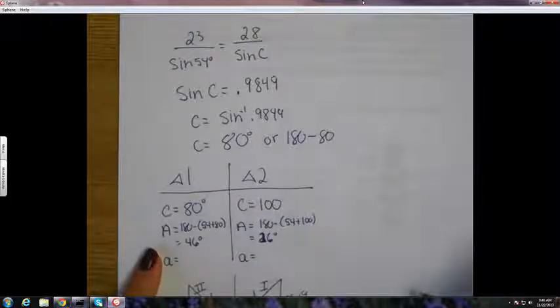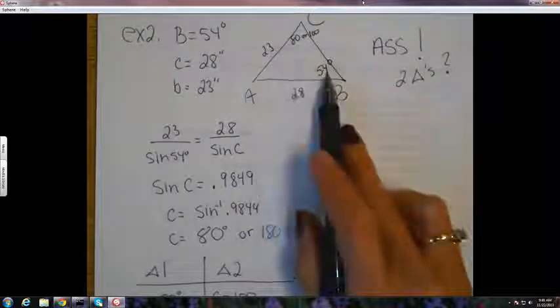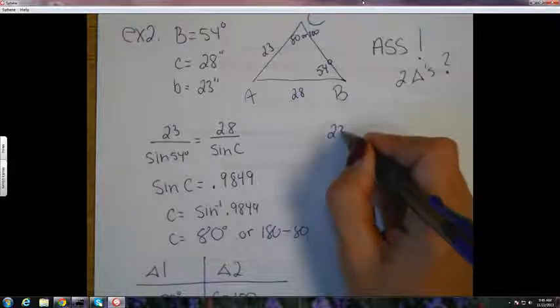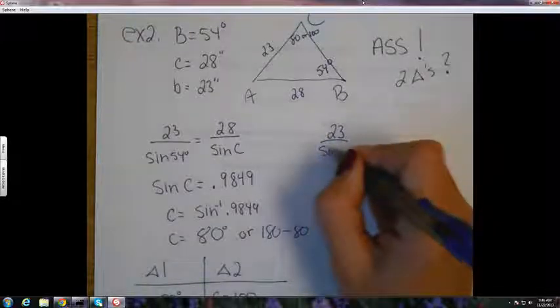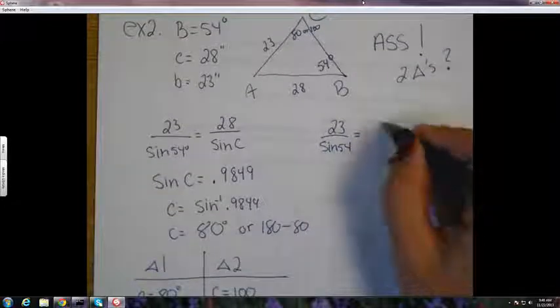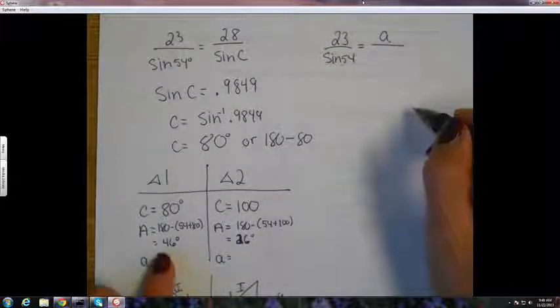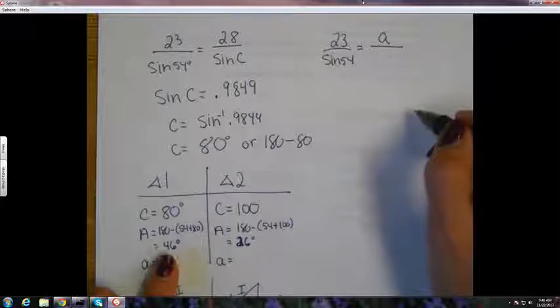So that's law of sines again. I'm going to go back to the 23 over sine of 54 equals little a over sine of what? What is angle A in the triangle I'm trying to solve? 46. It's right from my table here, 46.